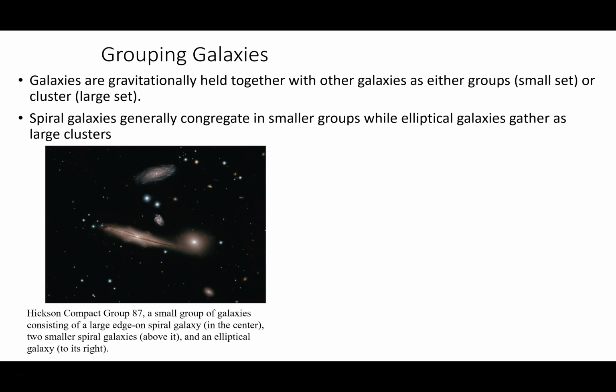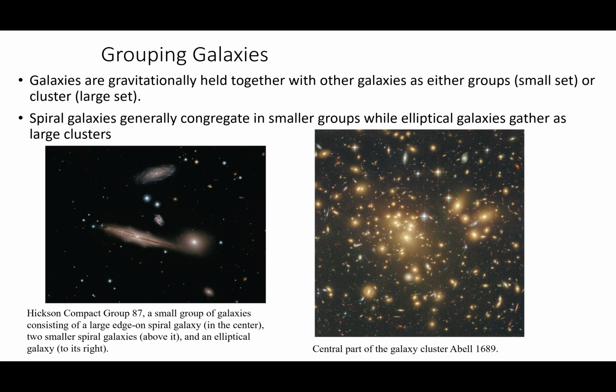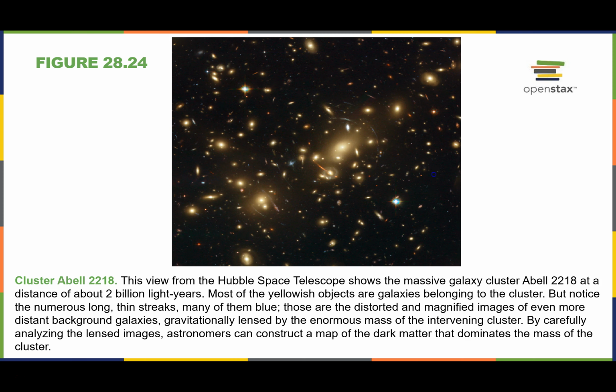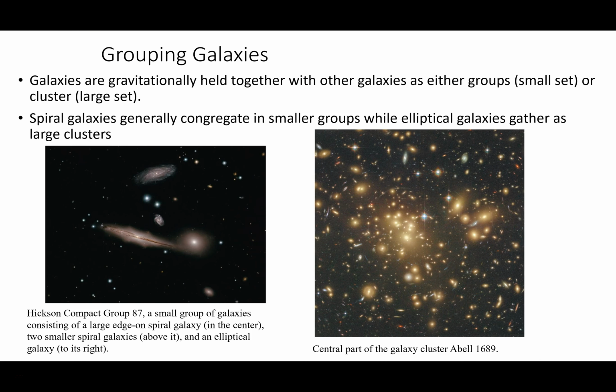This is a relatively small cluster of galaxies. I can see some of the spiralness here, and these are a bunch of elliptical galaxies. I'm going to see if my pen works. I don't know if you can see it very well. There are some blue streaks right here.